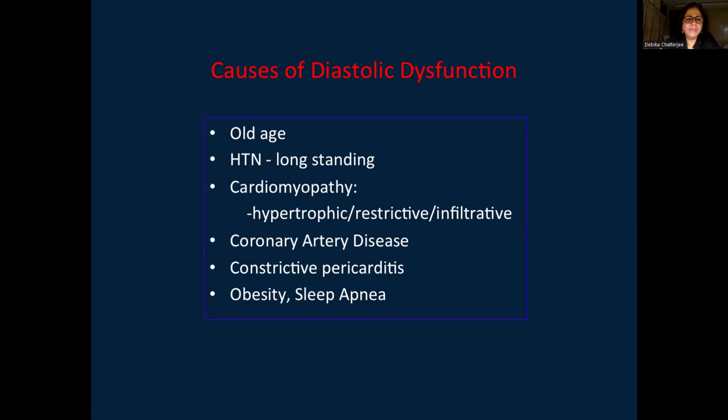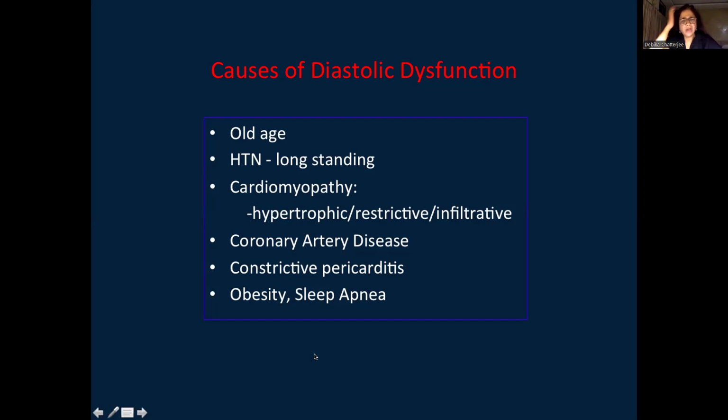So all these are abnormalities of the myocardium, where a scarred myocardium cannot relax, leading to diastolic dysfunction. Constrictive pericarditis is an extrinsic cause which hampers the compliance of the ventricle. The ventricle is cemented with the calcified pericardium in constrictive pericarditis, so it becomes non-compliant. So that becomes a cause of diastolic dysfunction. Then obesity and sleep apnea.